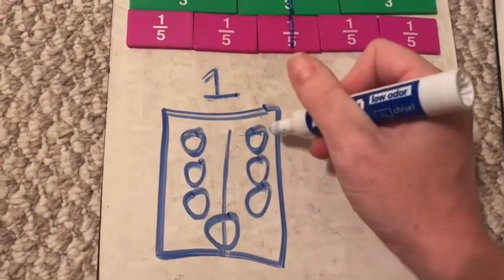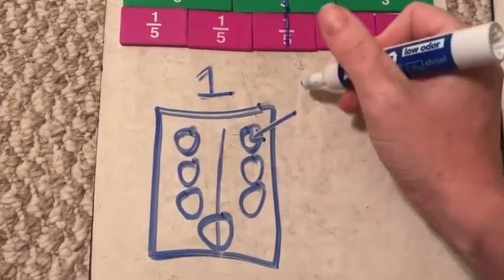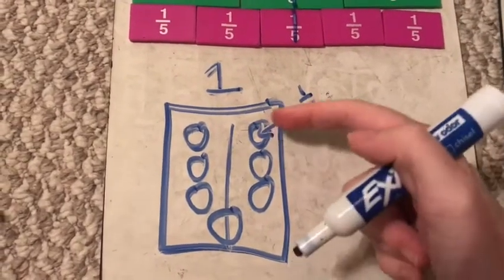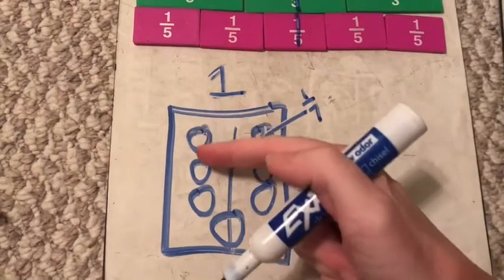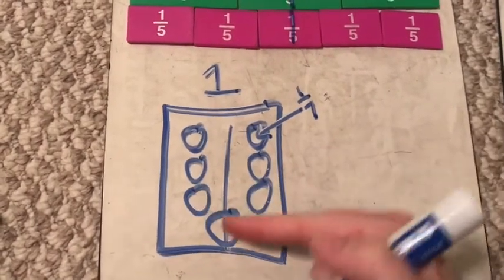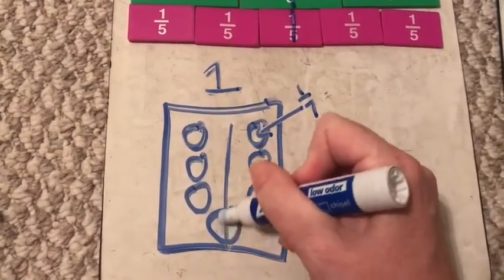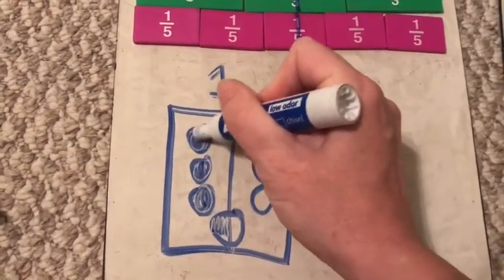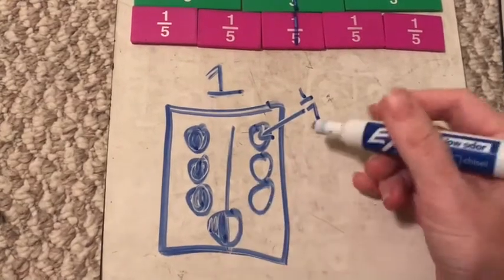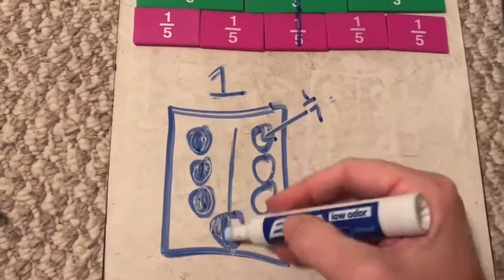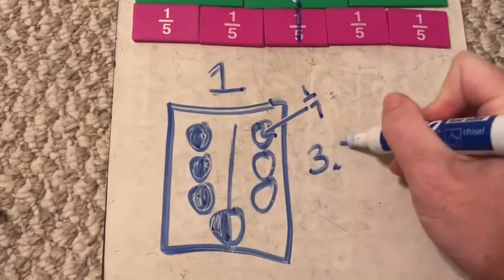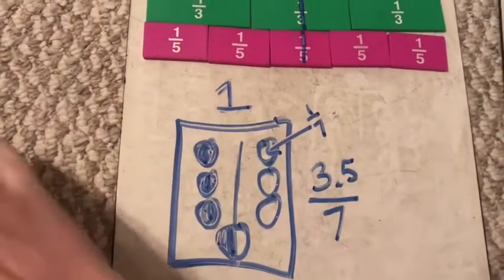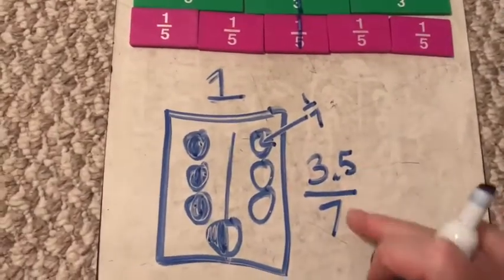So each of those pieces in the set, since there's 7 pieces, each piece is 1/7, right? So that's 1/7, 1/7, 1/7, 1/7, 1/7, 1/7, and then this is half of a 7th, right? So if I'm doing half with 7ths, it would be 1, 2, 3 1/2 7ths. That's half with 7ths, or 3 1/2 is half of 7.